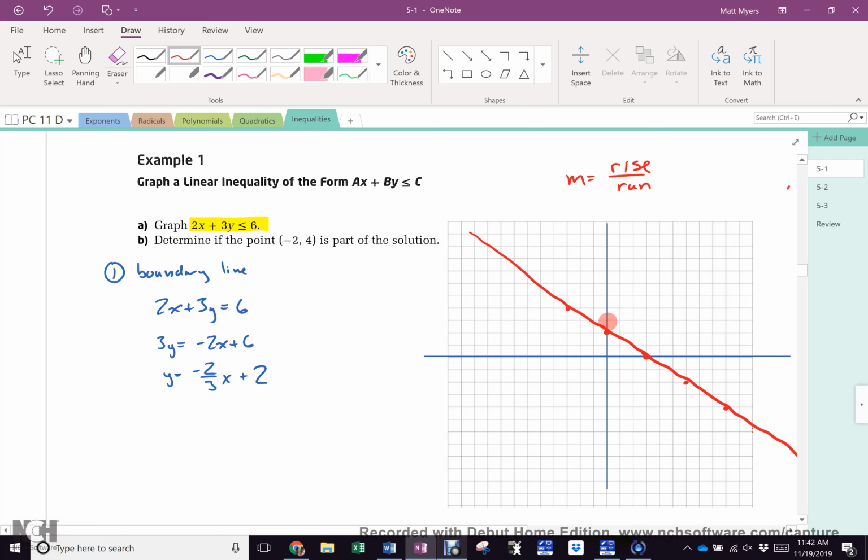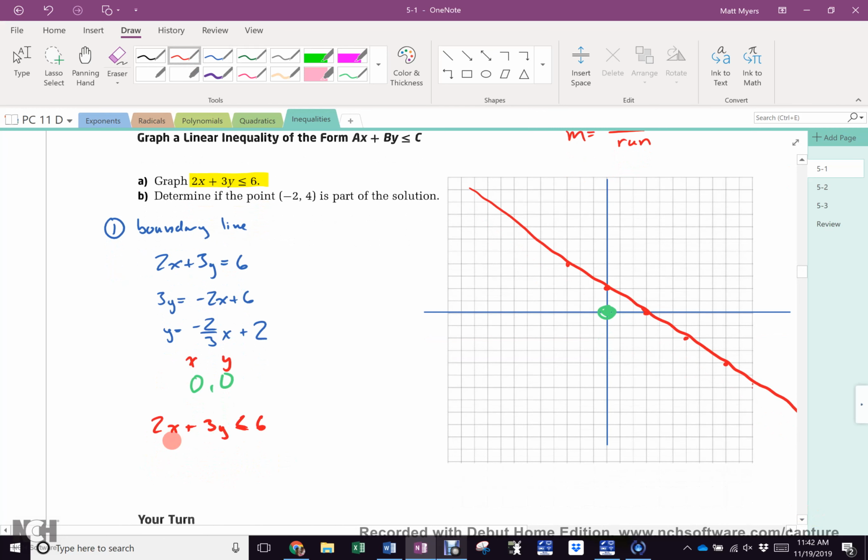Now, since this line does not go through 0, 0, 0, 0 is a very easy point to use. 0 is an x, 0 is a y. I have this inequality: 2x plus 3y is less than or equal to 6. 0 plus 0.